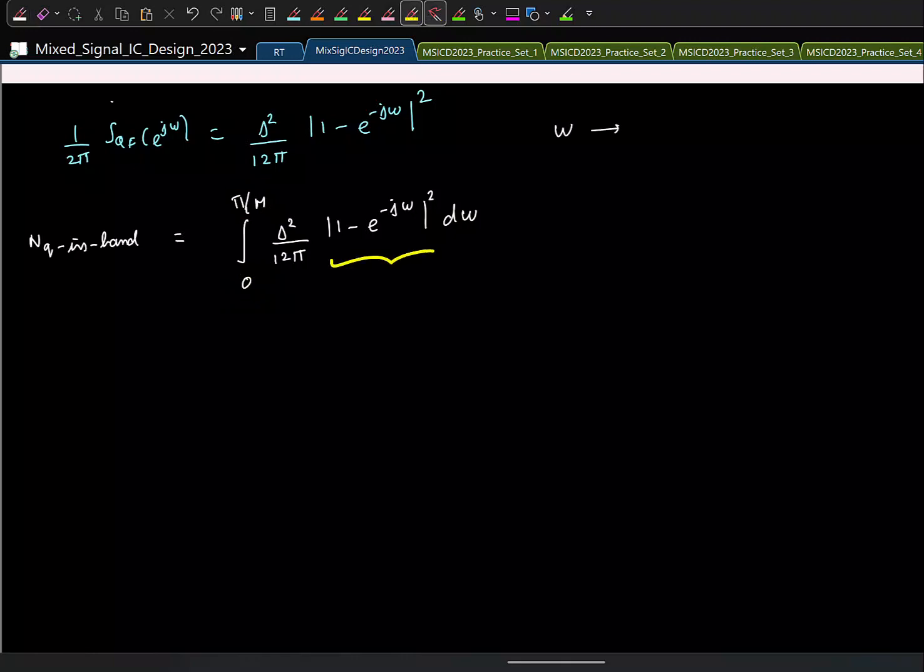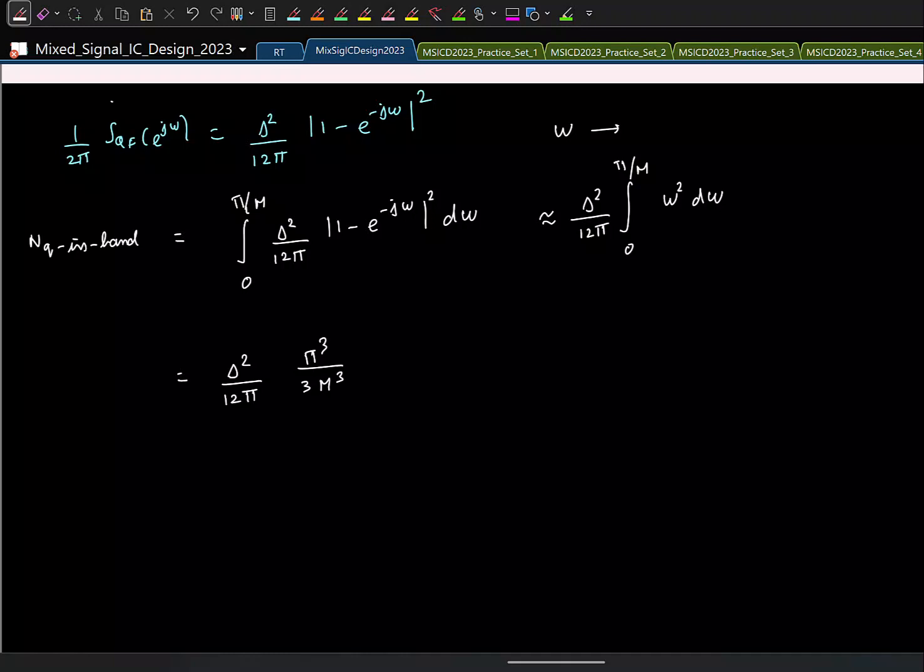We already saw: omega square. So within my signal bandwidth, I can approximate it like this. Delta square by 12 pi comes out. What does it simplify to? Simple integral of omega square, from 0 to pi by M: pi cube by 3 M cube.